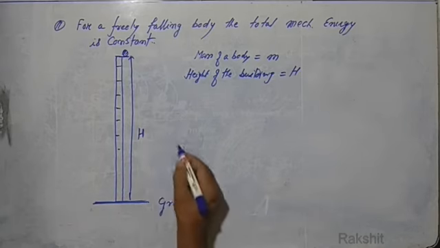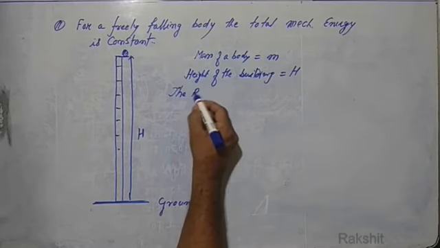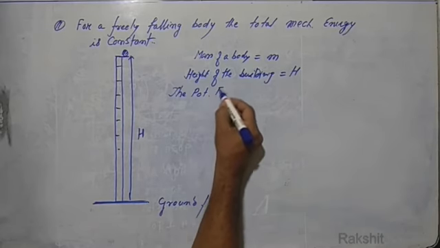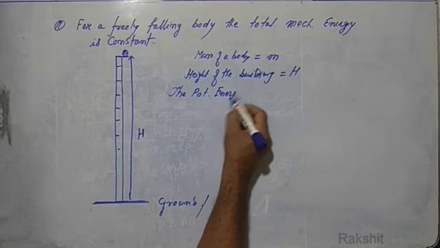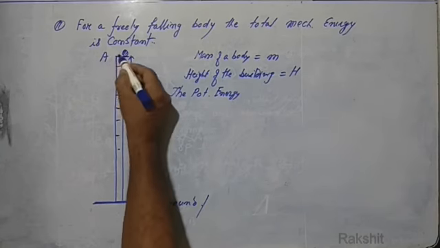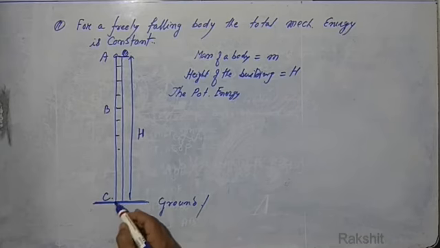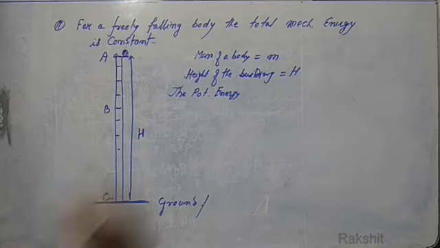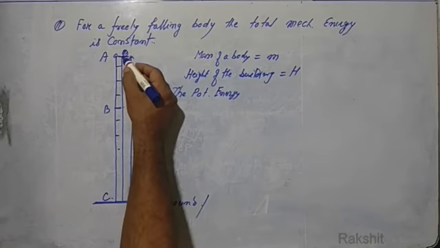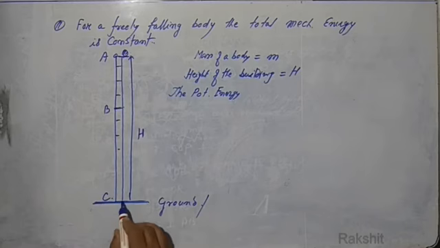So we can say the potential energy of this body at the point A. This point is A, suppose this point is B and this point is C. The topmost point is denoted by A, another point B is in between A and C. This is the bottom, ground level.